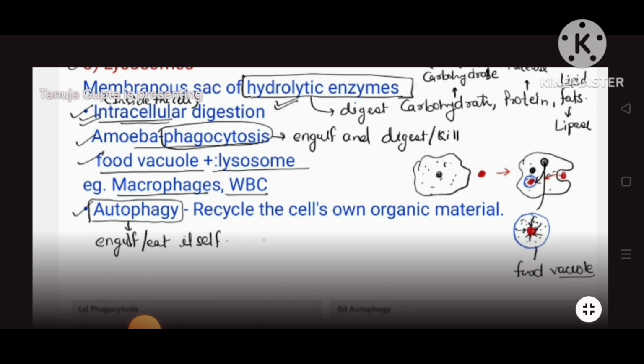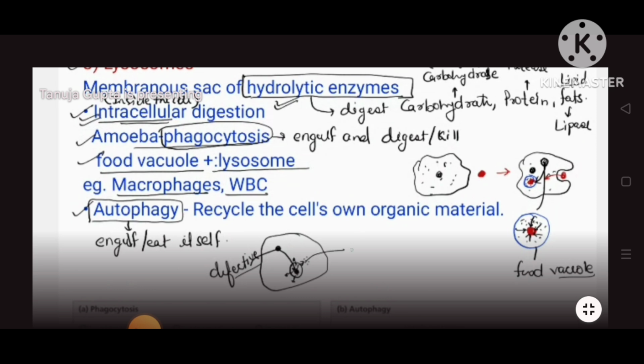Suppose this is a cell and some of its own organelles become defective. Now it will create problems for others, and this is the lysosome. What it will do is take the material inside and digest it, and release the nutrients which come from this digestion.